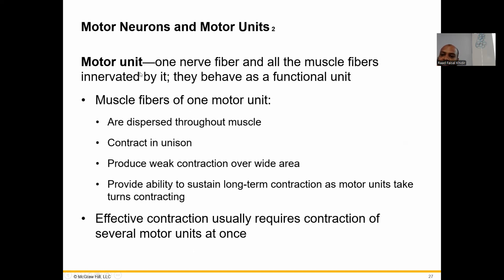So the motor unit is one nerve fiber and all the muscle fibers innervated by it, and they behave as a functional unit. It's like right now, you have one professor teaching a number of students. That's a learning unit. In the body, you have one nerve innervating multiple muscles.